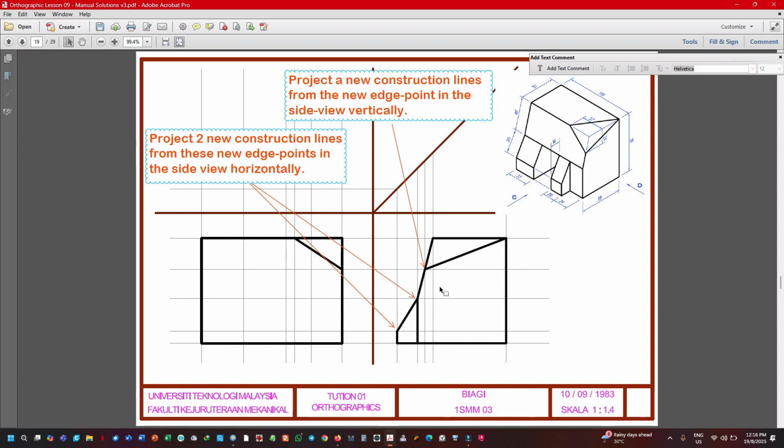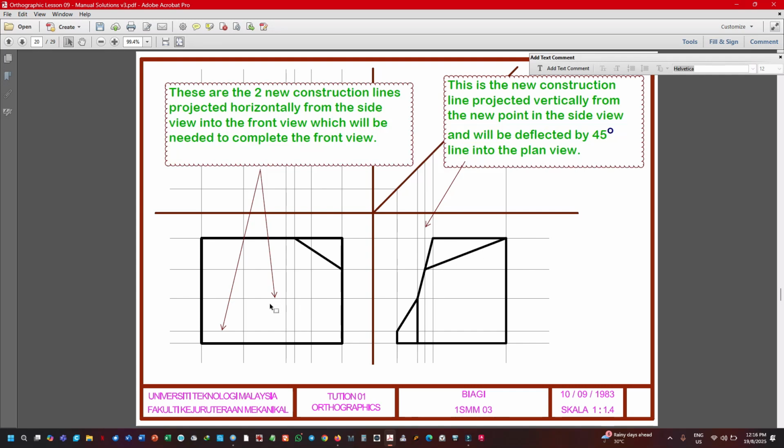You project up to here. Then from this one you project this line, and from this point you project this line. This line can help you solve the rest of the problem.